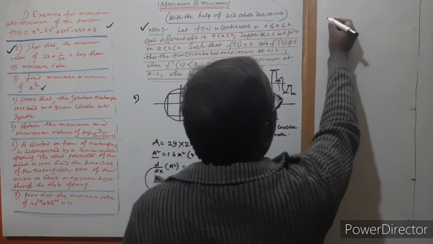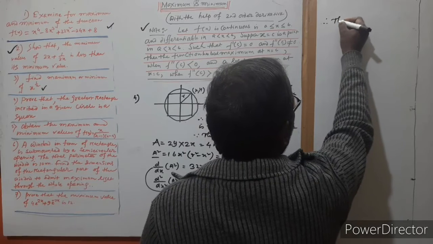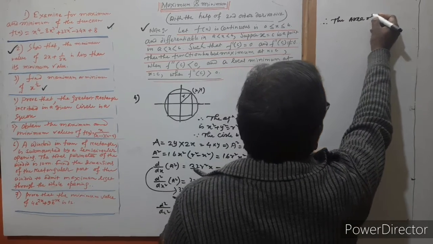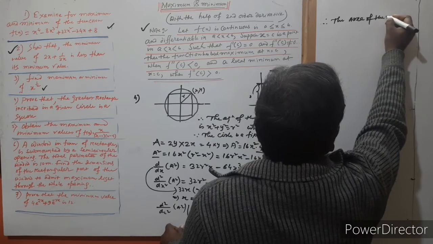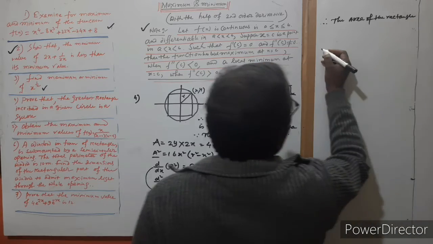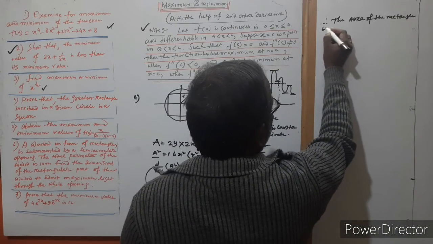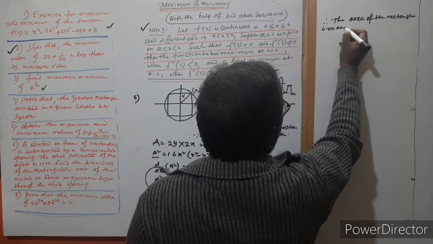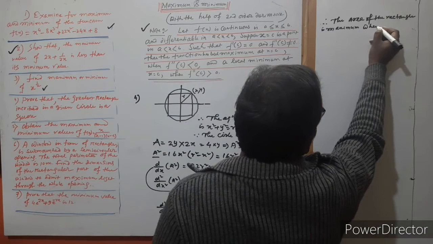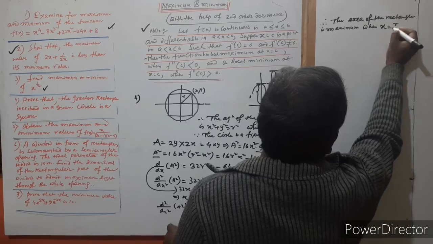So the area of the rectangle is maximum when x is equal to r by root 2.